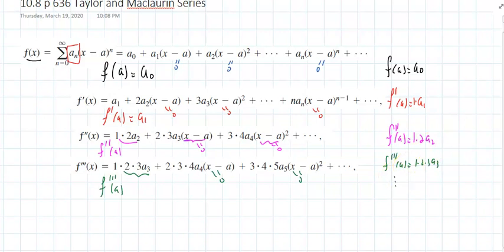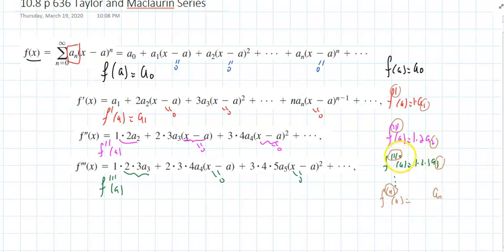If this list goes on, the nth derivative of a, and let's see how this works. When this is the third derivative, this is a sub 3. When this is the second derivative, this is a sub 2. When this is the first derivative, this is a sub 1. When this would be the nth derivative, this would be a sub n.